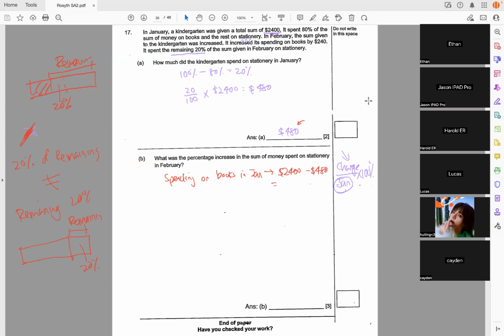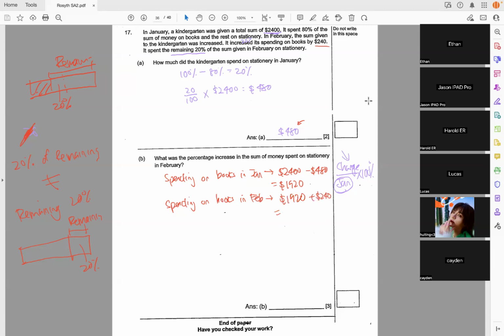So this is the amount spent on books in January. And it says that the amount spent on books in February is increased by 240. So it's 1920 plus 240.